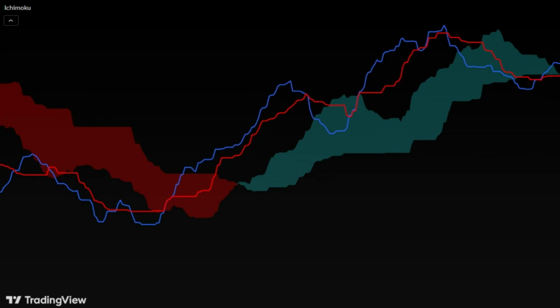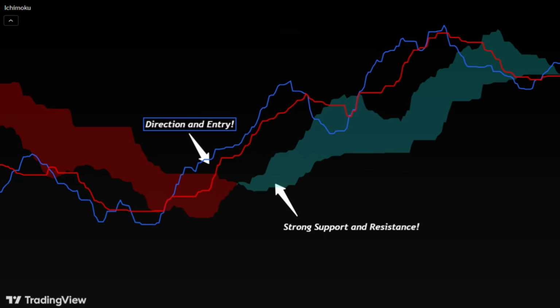The Ichimoku gives us incredibly valuable data. Its cloud, whether it's blue or red, acts as a strong dynamic support and resistance zone. And the two trend-following lines, the conversion line and the baseline, are essentially momentum and trend direction indicators. They can provide powerful insights for timing your entries, and you're about to see exactly why.